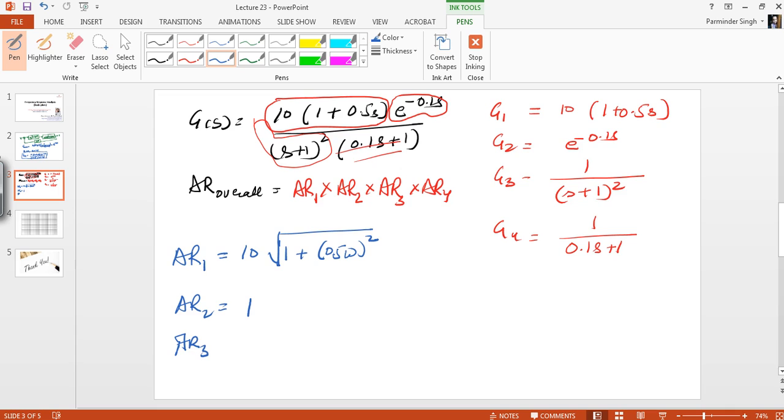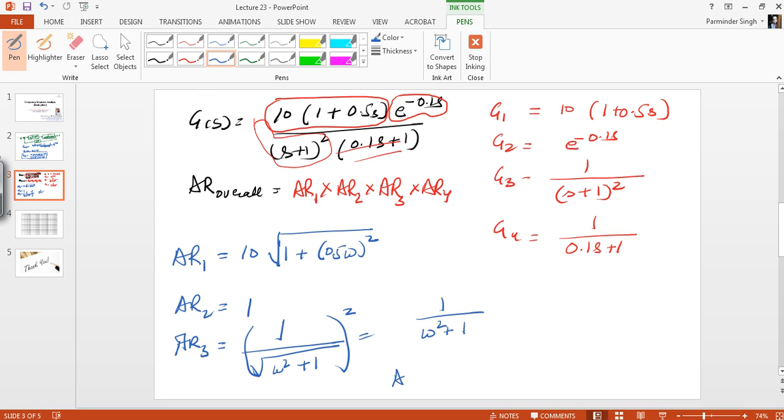Now this is basically the square of a first order, so we can write for first order and then multiply again with the first order, so it becomes first order whole square. So the amplitude ratio of first order is 1 upon under root of (tau omega) whole square plus 1. Tau is 1, and since it's squared, it is 1 upon omega square plus 1. That is the amplitude ratio of the third.